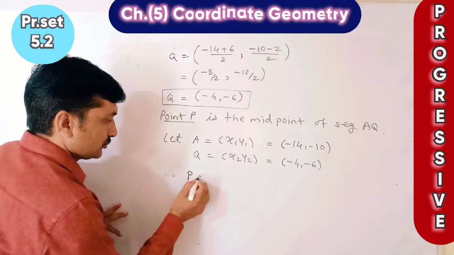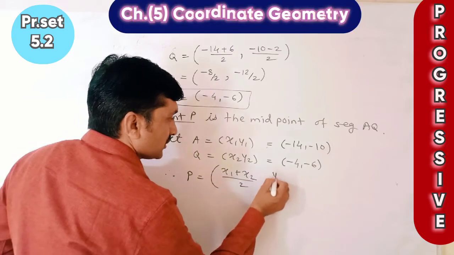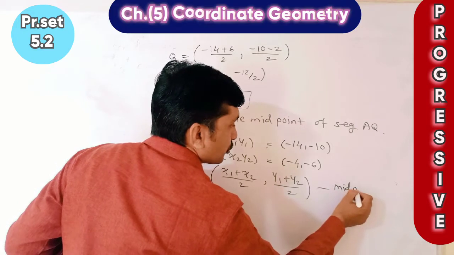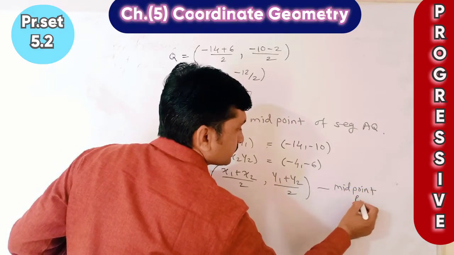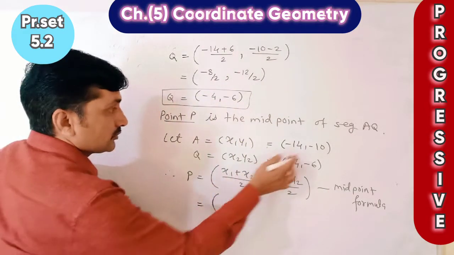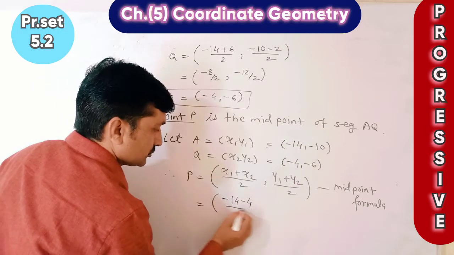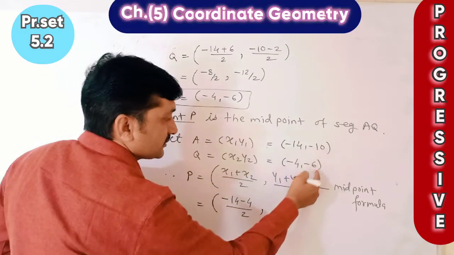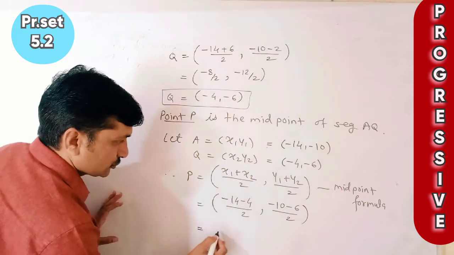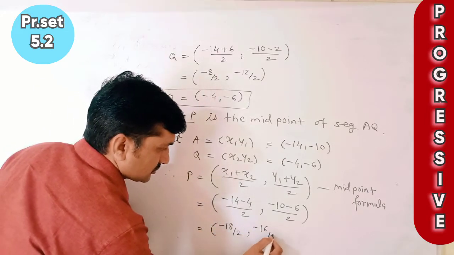Therefore, P is equal to (x1 + x2) upon 2, (y1 + y2) upon 2 by the midpoint formula, which is (-14 - 4) upon 2, (-10 - 6) upon 2, equal to -18 upon 2, -16 upon 2.